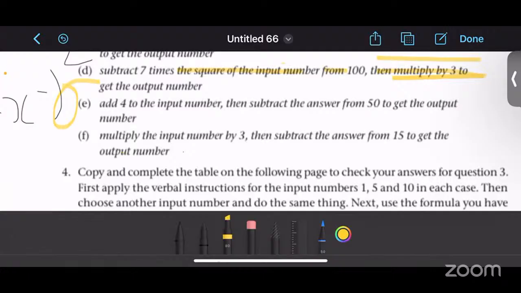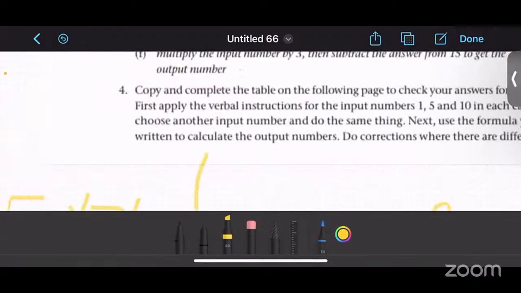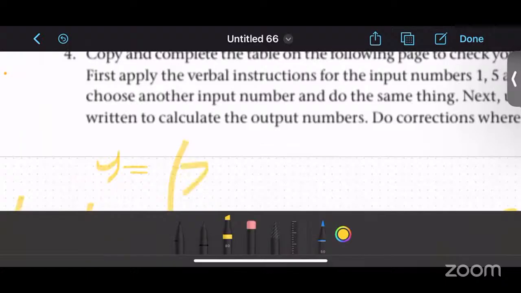They're saying add 4 to the input number, so y is equal to bracket x plus 4 close bracket minus 50. Correct.